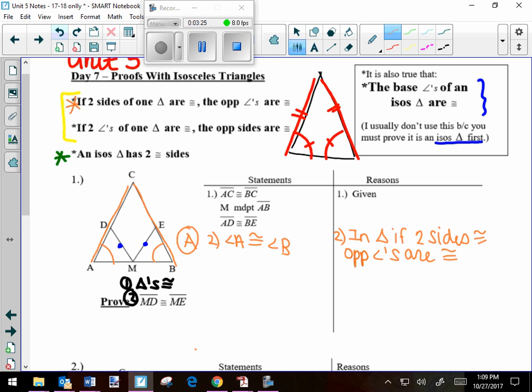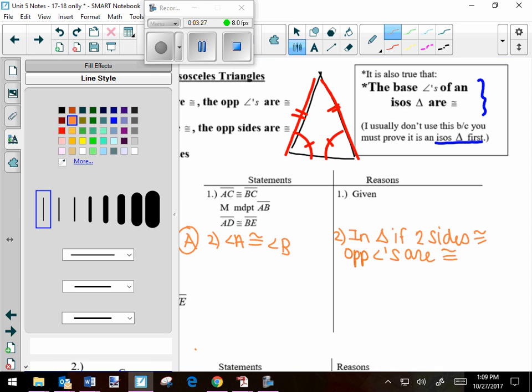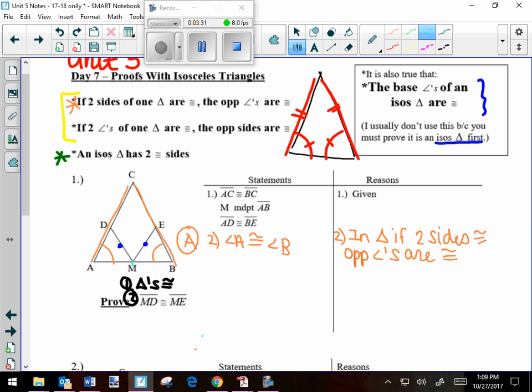If I continue on in this proof, my second given is that M is the midpoint of AB. So if M is the midpoint of AB, I know that I have these two segments that are congruent, one in each triangle. So I have AM congruent to MB. And that is from the second given, and we know that whenever we have a midpoint, it divides a segment into two congruent segments.